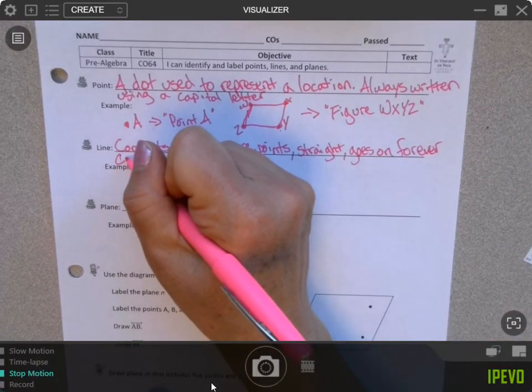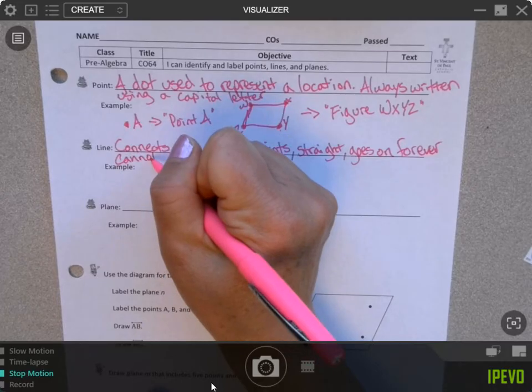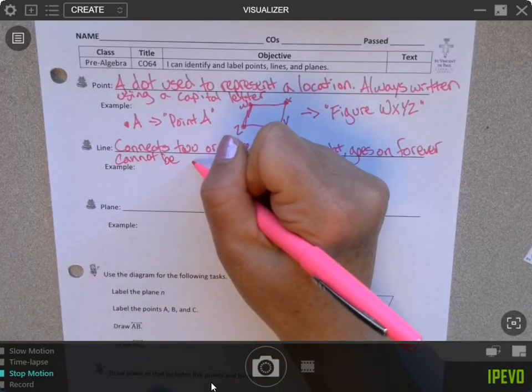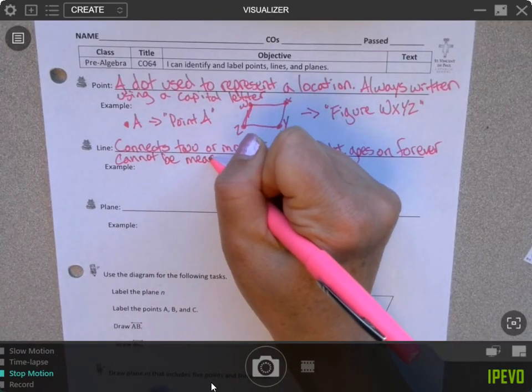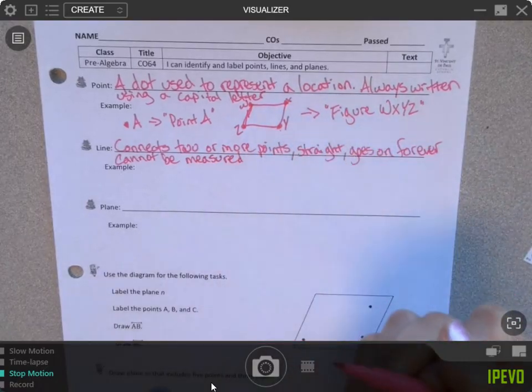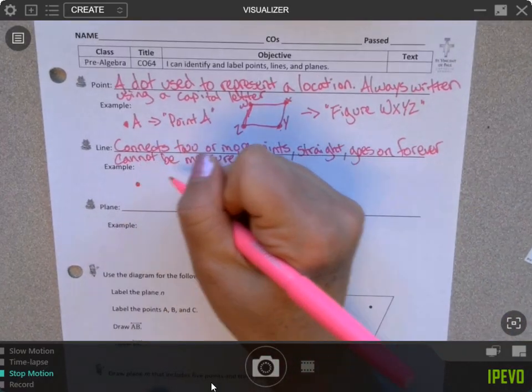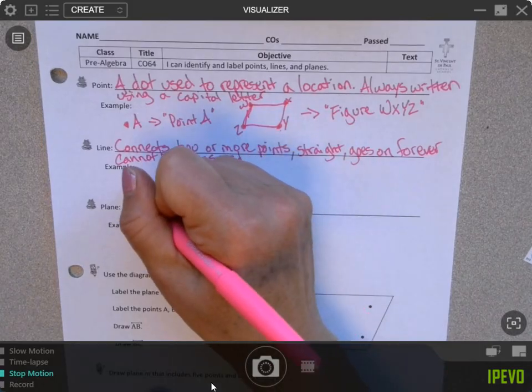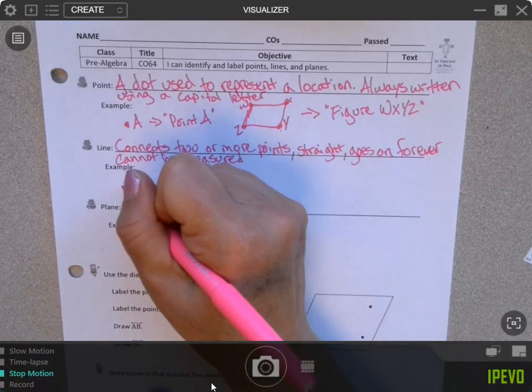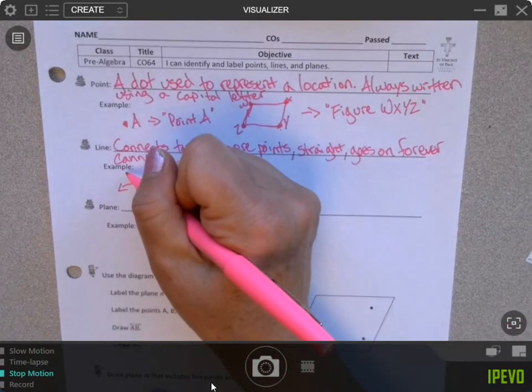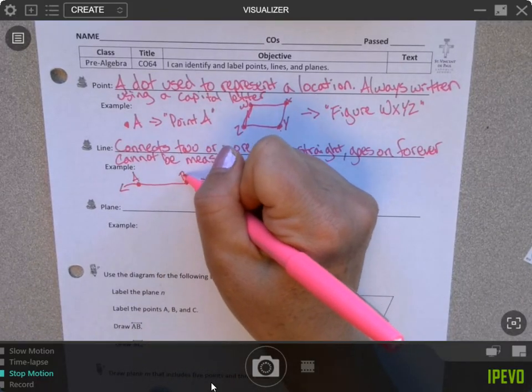And it cannot be measured because it goes on forever. So when we have a line, you'll notice at least 2 points. You'll notice the arrows. So this would be point A and point B.